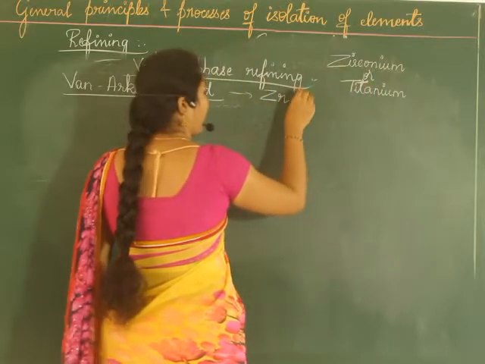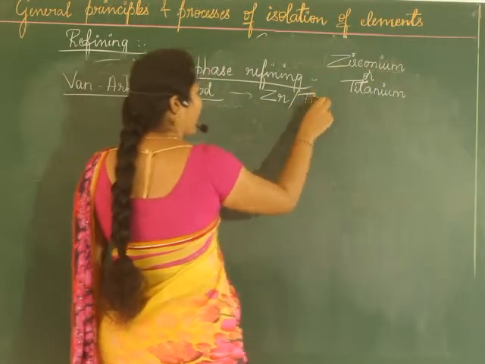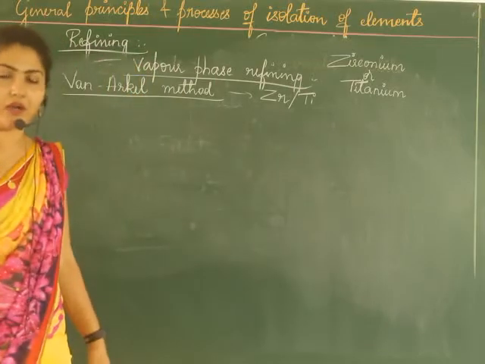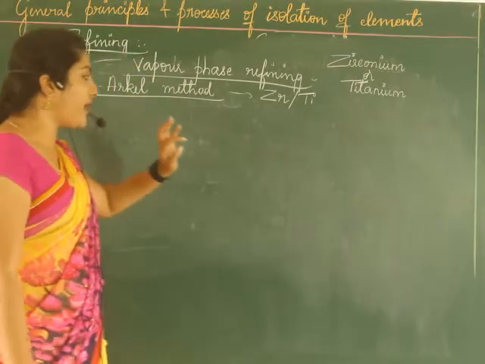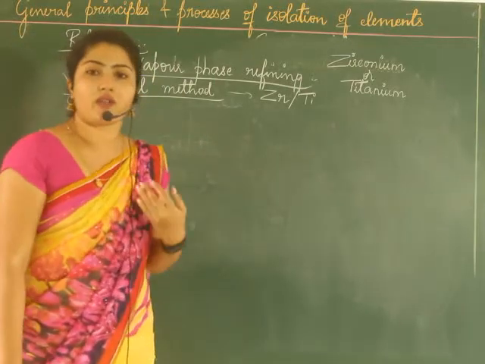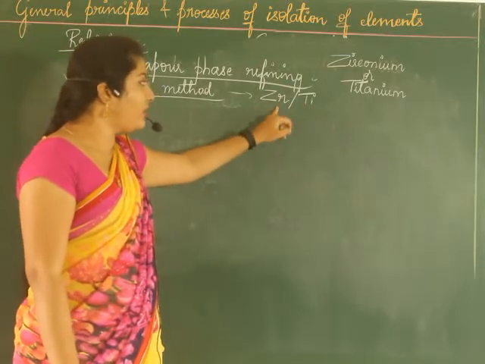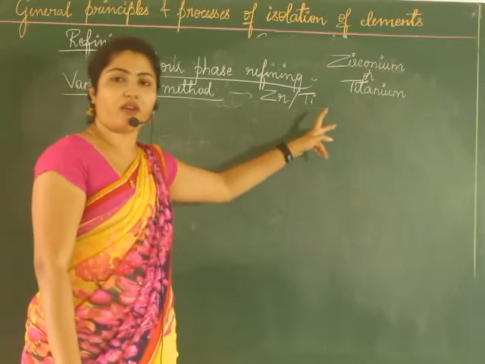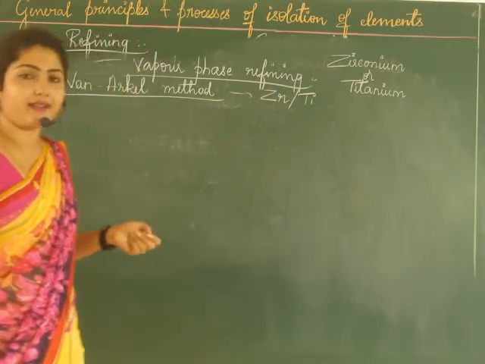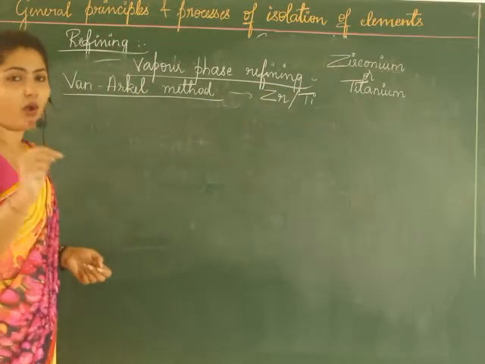Zirconium or titanium can be refined by this method called the Van Arkel method. If they ask you which refining method is used for zirconium or titanium, then it is the Van Arkel method. For nickel it is Mond's process.